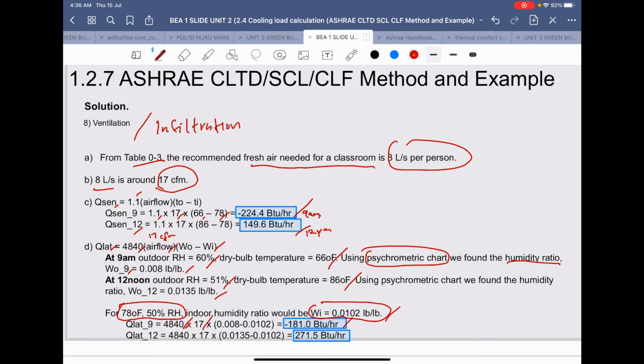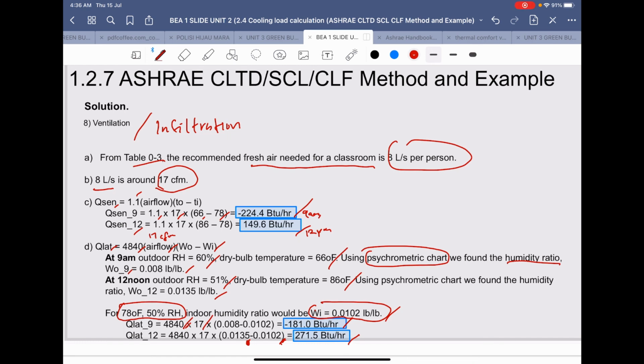While Q latent at 12, we use the humidity ratio outside minus the humidity ratio inside, 0.0135 minus 0.0102, and the answer is 271.5 BTU per hour.